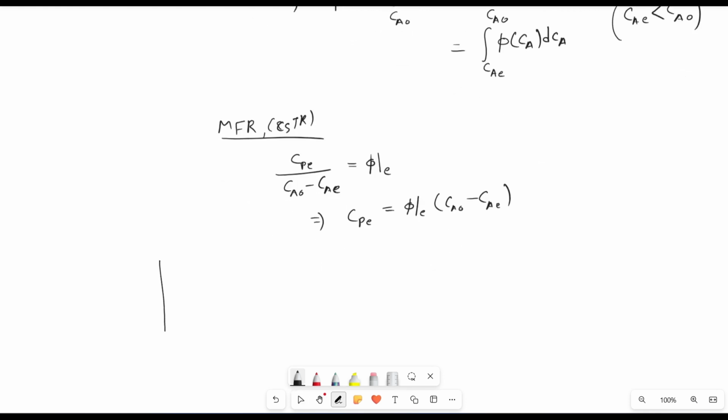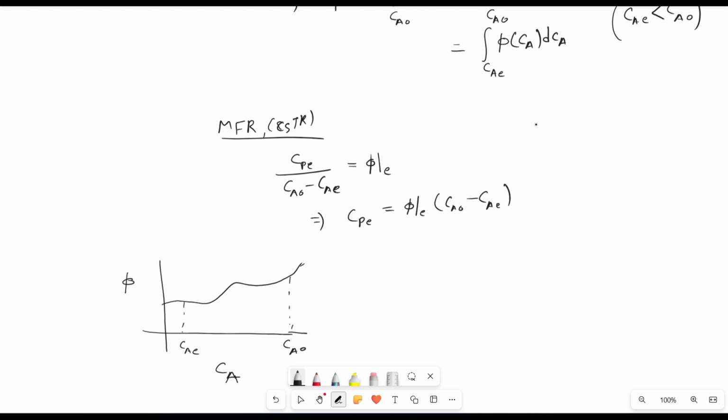If this is the concentration Ca and this is phi, with this being Cae and this being Ca naught, then to achieve the highest product, suppose you use MFR.